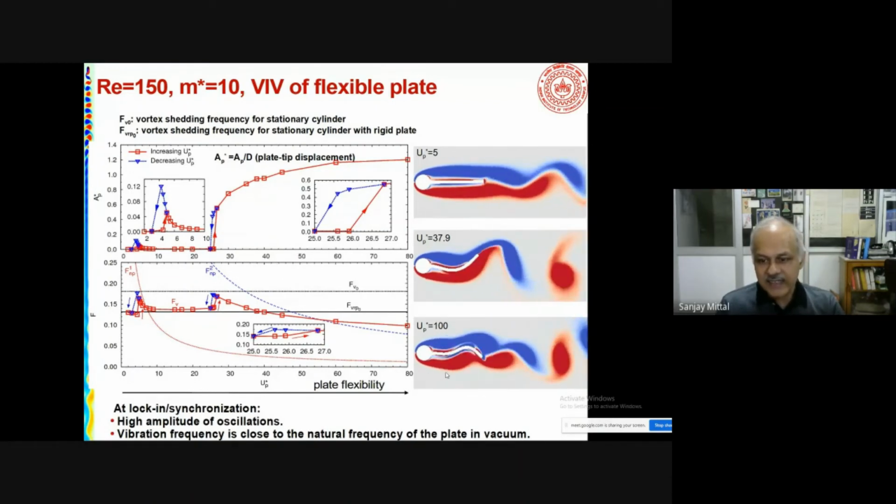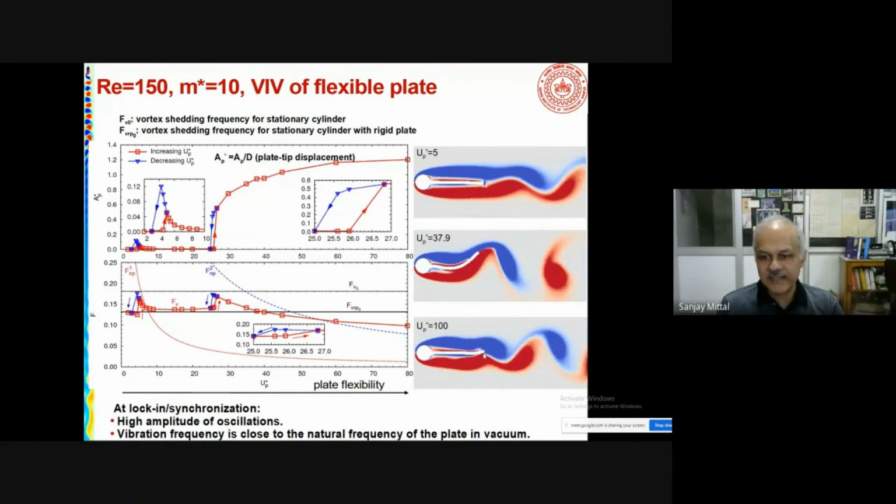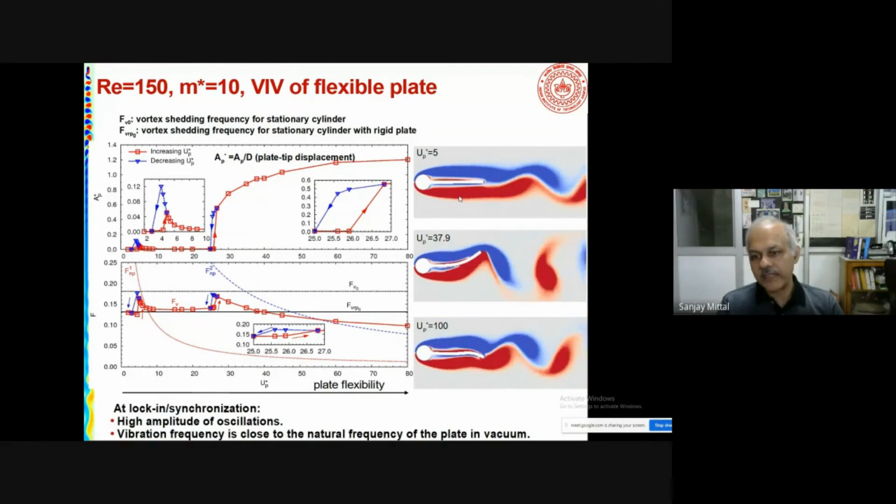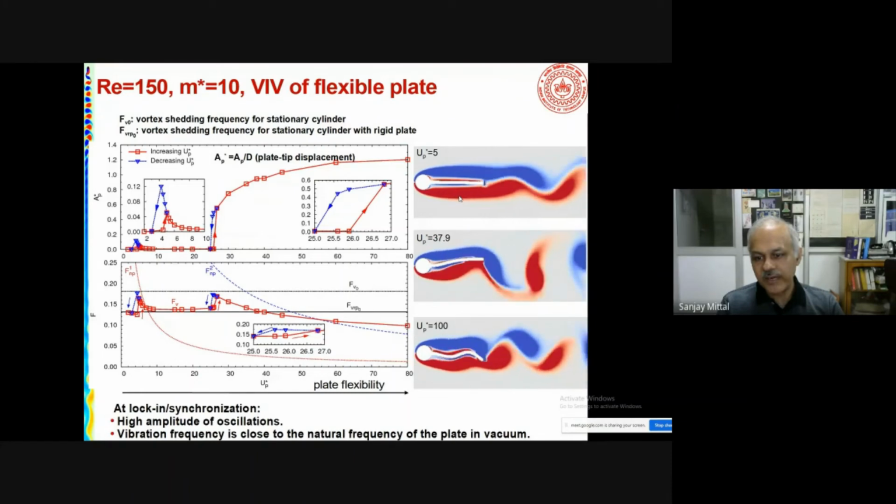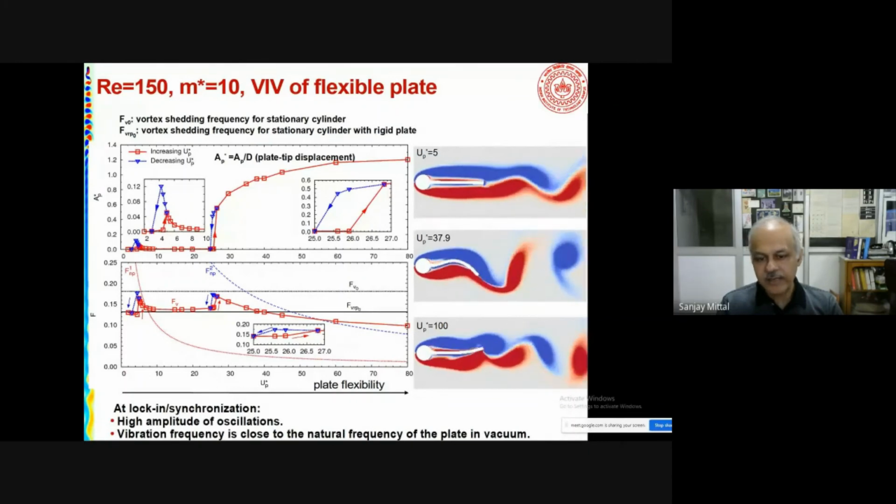And then at 100, it's even more complicated. You can see that not just the vibration of the plate, but the fluid behavior is also quite different, and certainly very different from what you would see for a stationary non-vibrating plate.